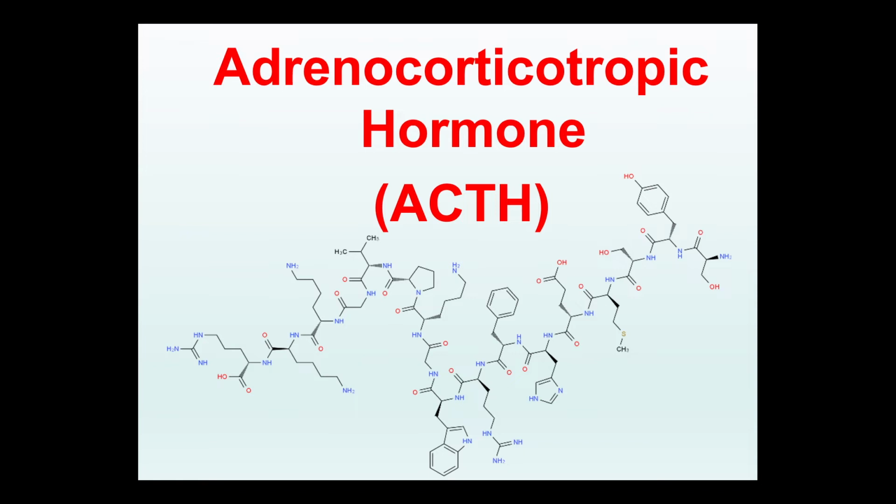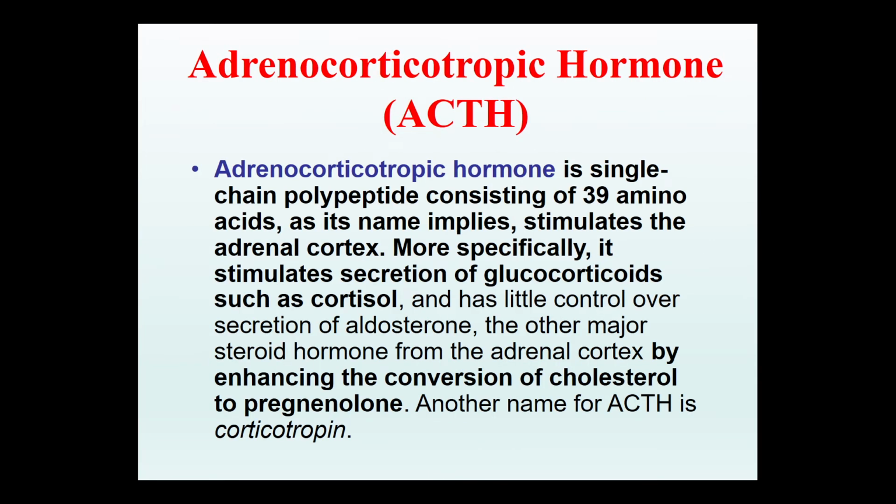Next hormone of the anterior pituitary is ACTH, adrenocorticotropic hormone. It is a single chain polypeptide consisting of 39 amino acids, and its name implies that this hormone stimulates the adrenal cortex.